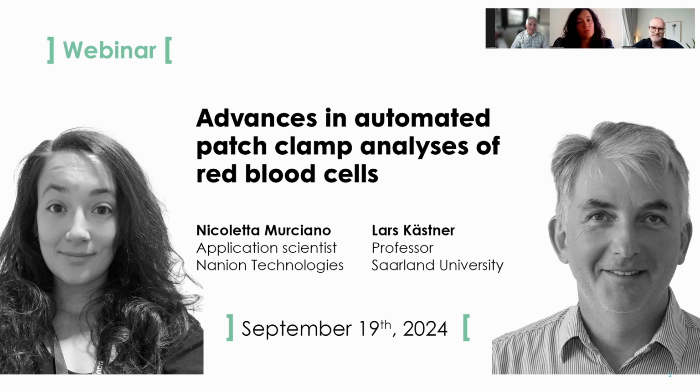Yeah, as I said, this effect that we see is cellular activity that is compatible with the activity of this Gardos channel, KCa3.1. I think we have followed this over a couple of years already.